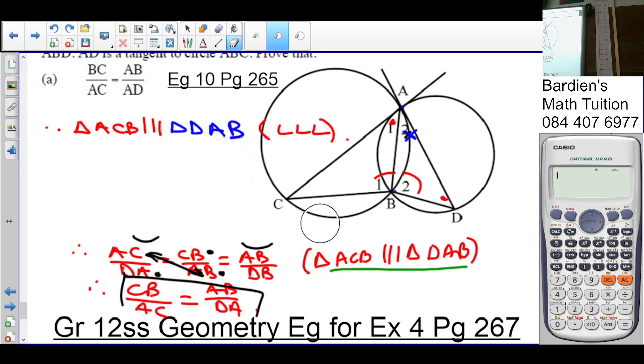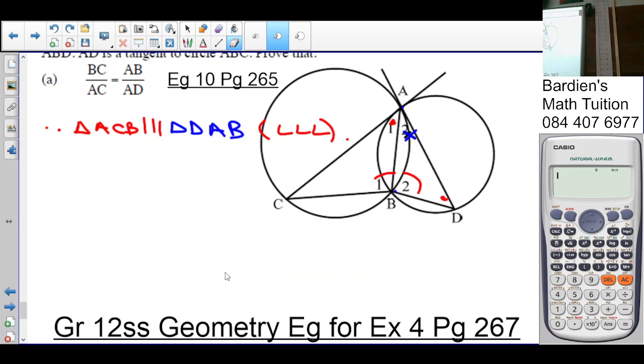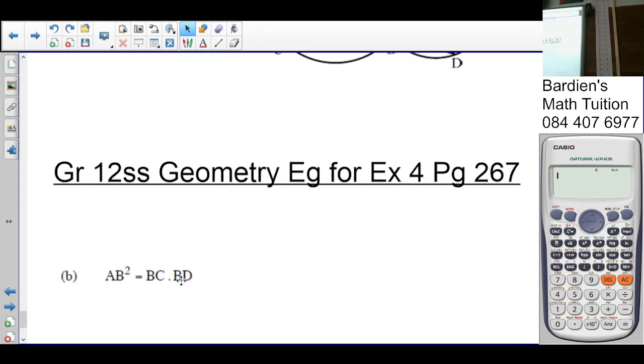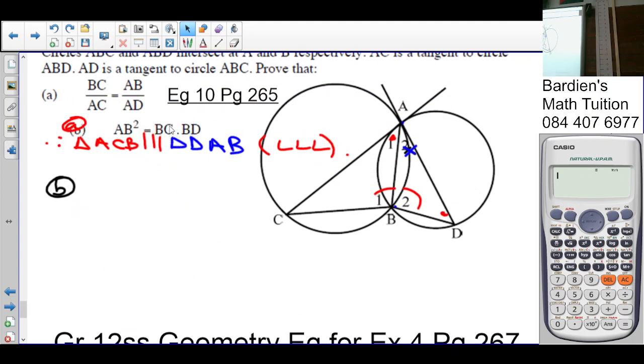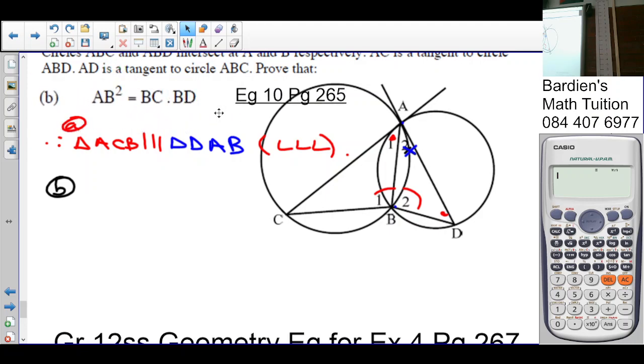Okay, so in A we proved that, and we managed to prove that. Let's look at what B says. In question B, they're talking about AB squared. Now what you notice, that is also a length question.